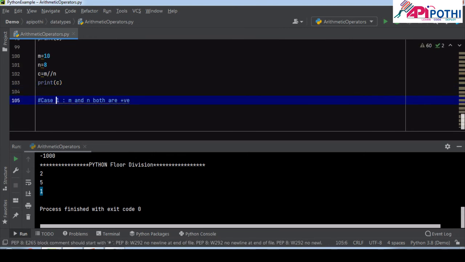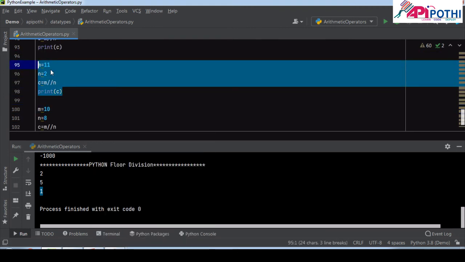Case 2, m or n tends to minus infinity and r equal to 0, meaning perfectly divisible. In such a case, we are going to copy.